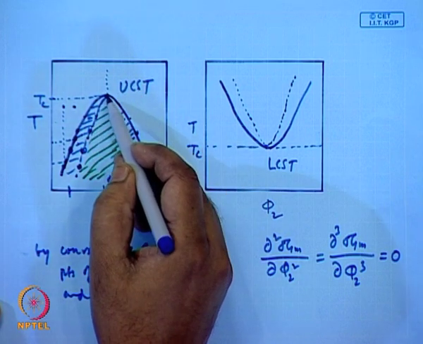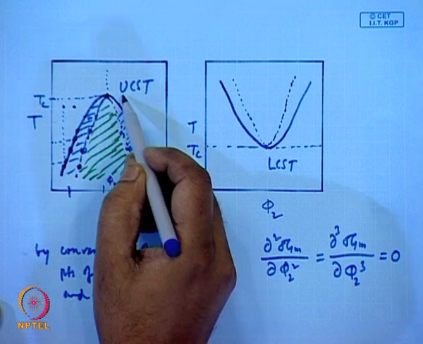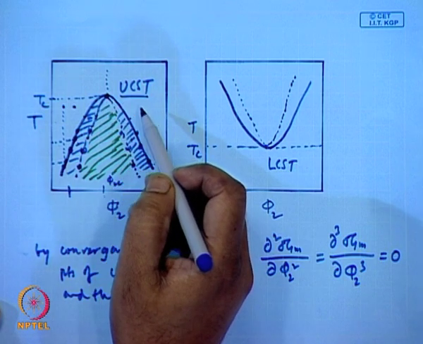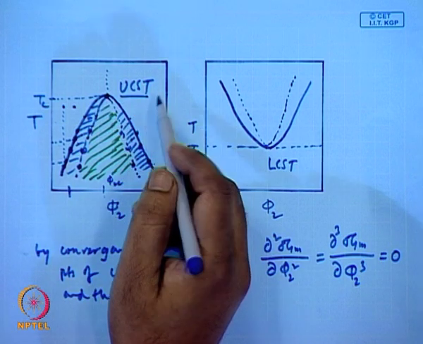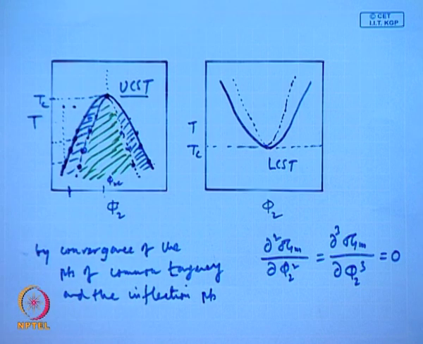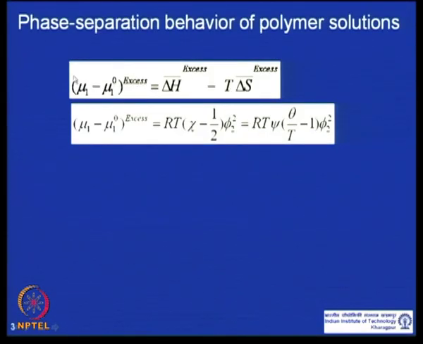So basically this temperature is called the upper critical solution temperature, and that happens because, if you remember our excess chemical potential term, we expressed earlier that it contains two components: one is the excess molar enthalpy and one is the excess molar entropy.